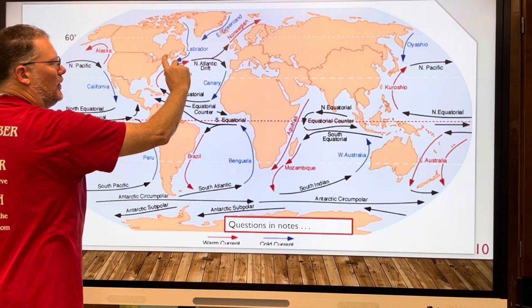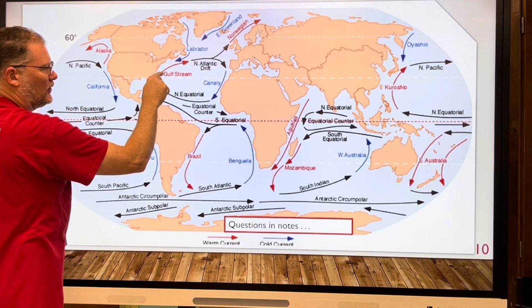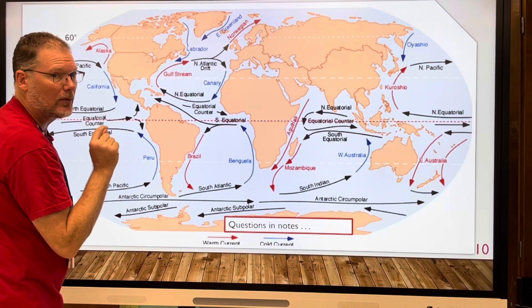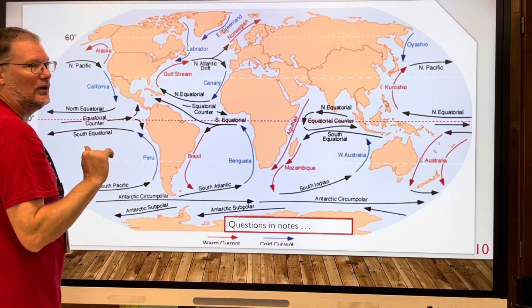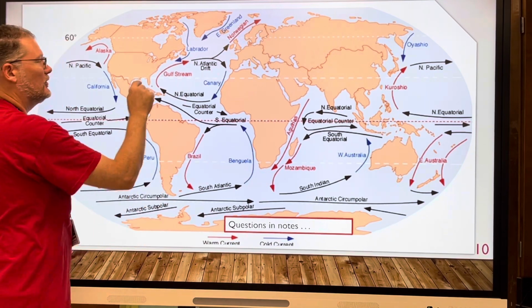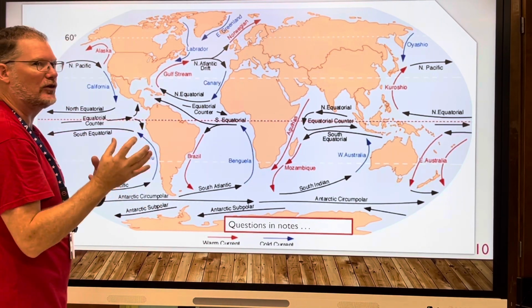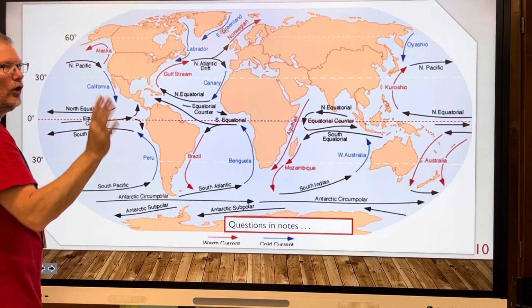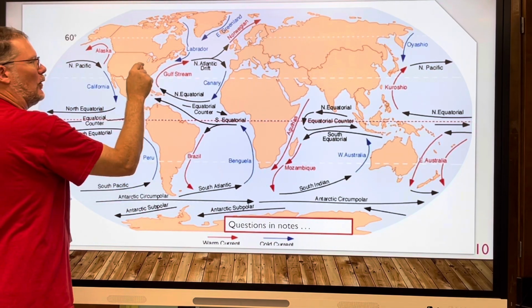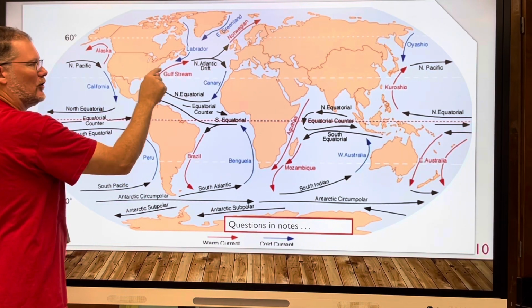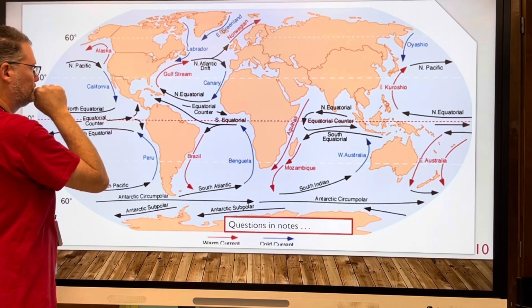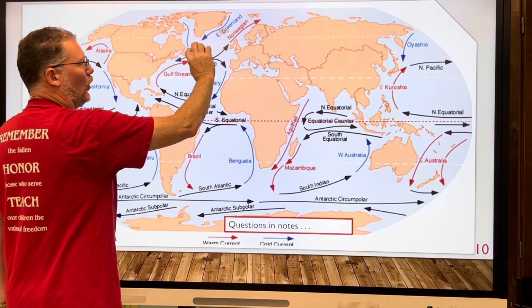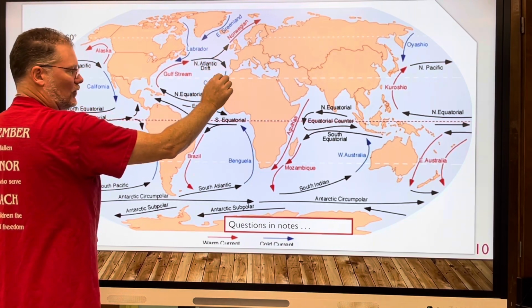That's why right off the coast of South Carolina is a tropical island called Bermuda. And Bermuda is warm because it's in the middle of the Gulf Stream, with all that warm water all year round. Even though it's snowing here, it's still beautiful and tropical in Bermuda. It's the same latitude. It's amazing. And then it gets cold up here and starts to sink back down again.